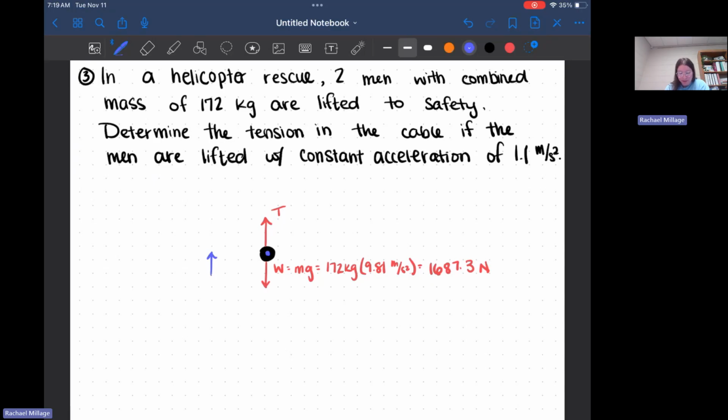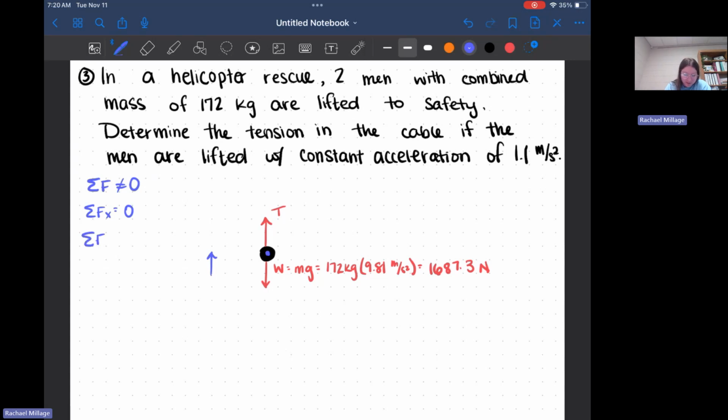If they have an acceleration, the sum of all of my forces is not going to equal 0. I know that the sum of forces in my x direction is going to equal 0 because I don't have any forces pushing them this way, and they're not accelerating to the side. They're accelerating upwards towards the helicopter.